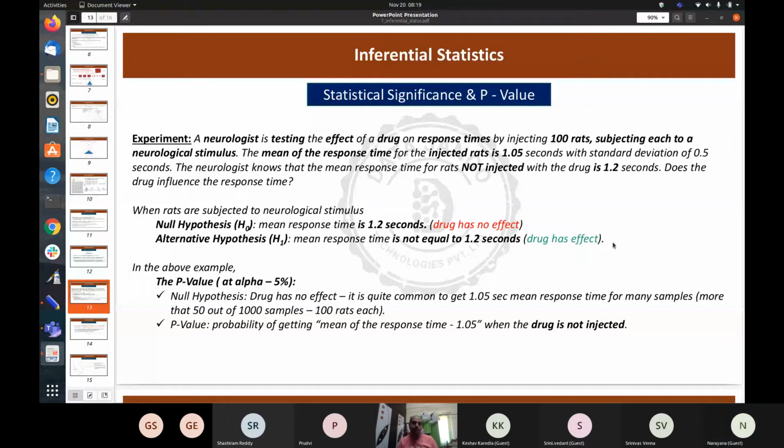The drug has an effect. Without conducting the experiment by injecting drug and stimulus, we found that the drug is significant. Now the company can invest in the drug, because especially in clinical trials, drug companies spend millions and billions of dollars.